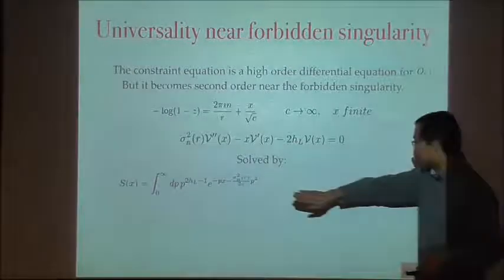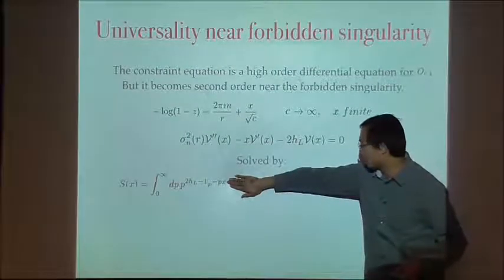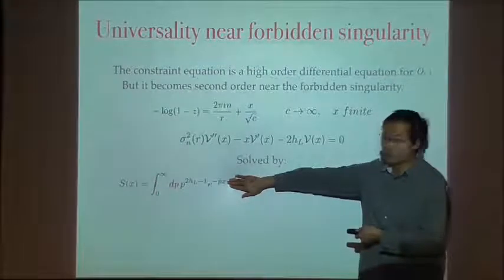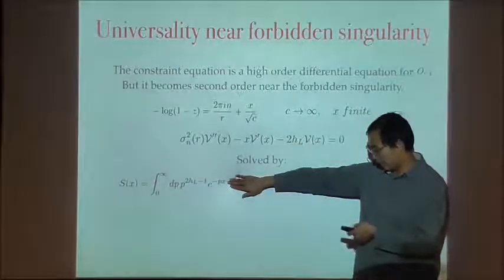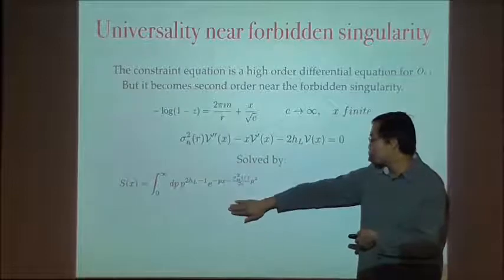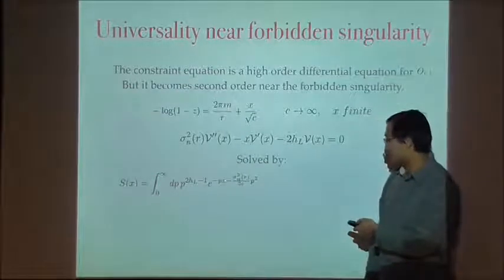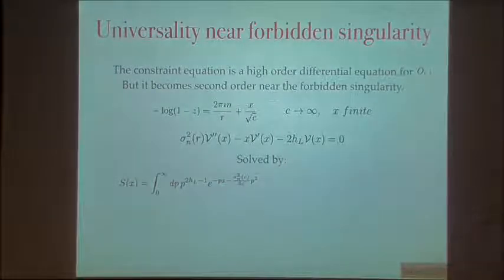For example, when you take C goes to infinity, this just gives you a power law singularity in terms of x times the gamma function in terms of h. And that power law has a singularity at x equal to 0. But when C is finite, you can simply take x goes to 0, you just get a Gaussian integral here, and it's no longer divergent.